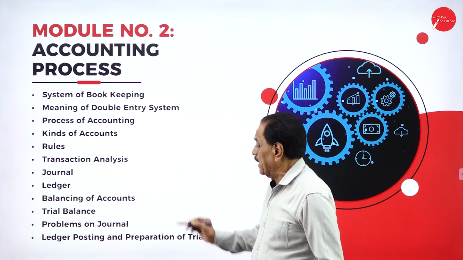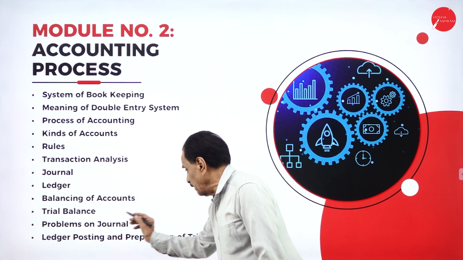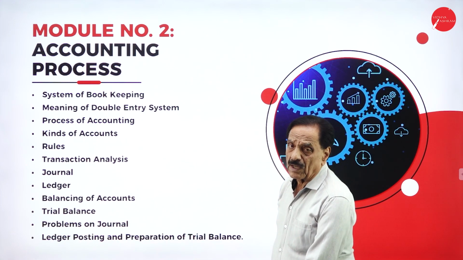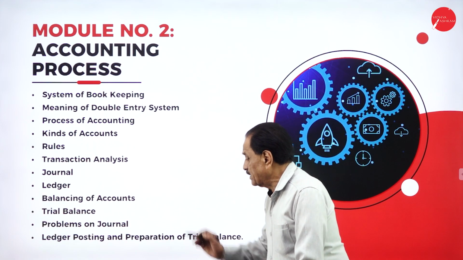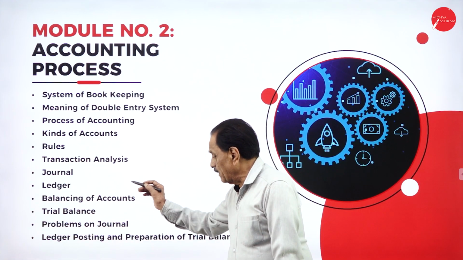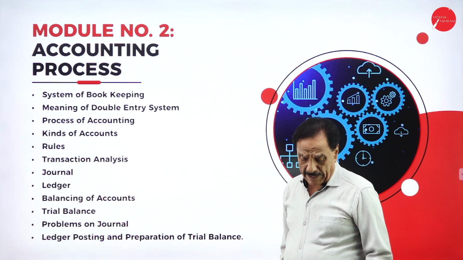You are going to prepare even the trial balance problem. On journals, they are going to ask major questions from the examination point of view. So they will ask the journal entry. Sometimes they will ask a journal entry and posting to ledger and preparation of trial balance.